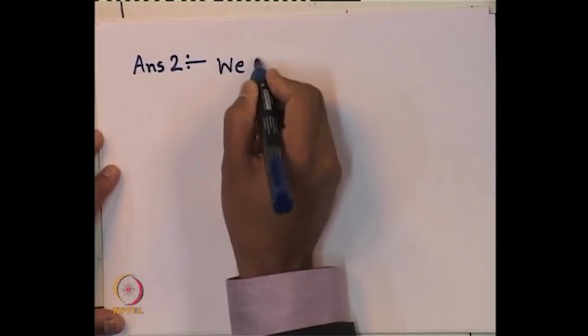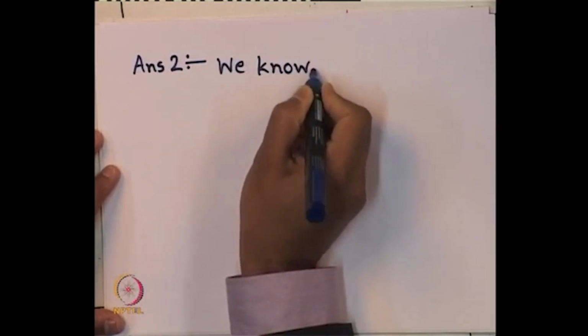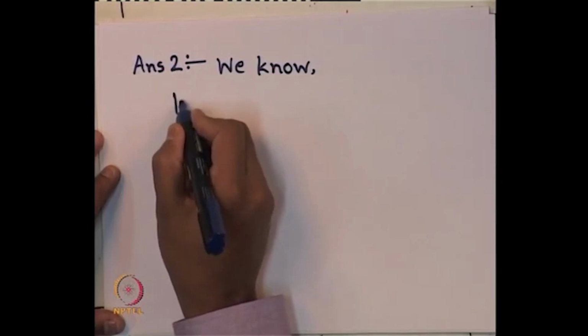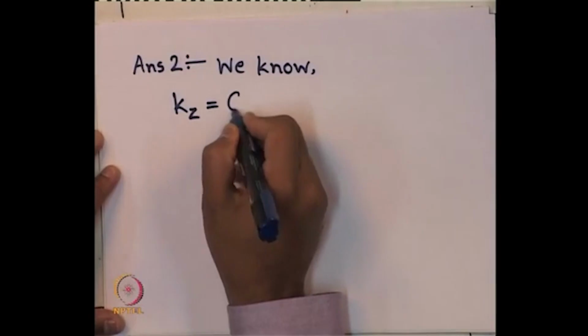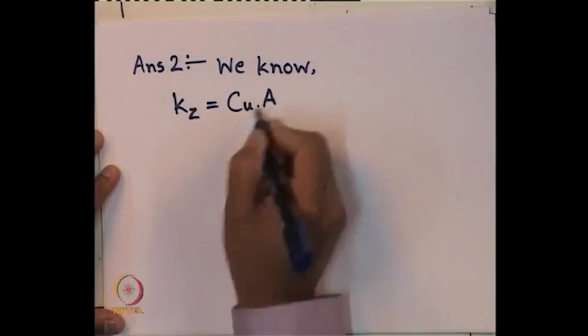What we already know from the theory which has been covered for this course soil dynamics, that K z is given by C u times A. What is K z?